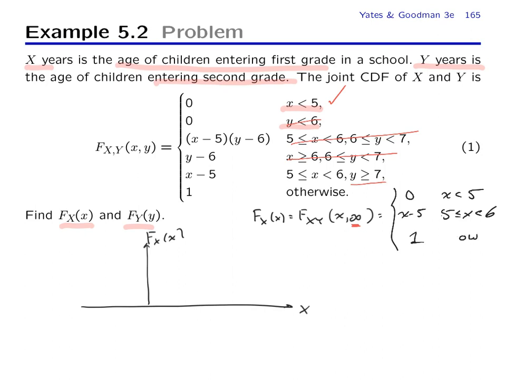And now we have a CDF for x, and the CDF for x starts at 5, goes to 6, and it's 0 for x less than 5. And then it jumps as a ramp up to 1 at x equals 6. And then it continues and it's flat.